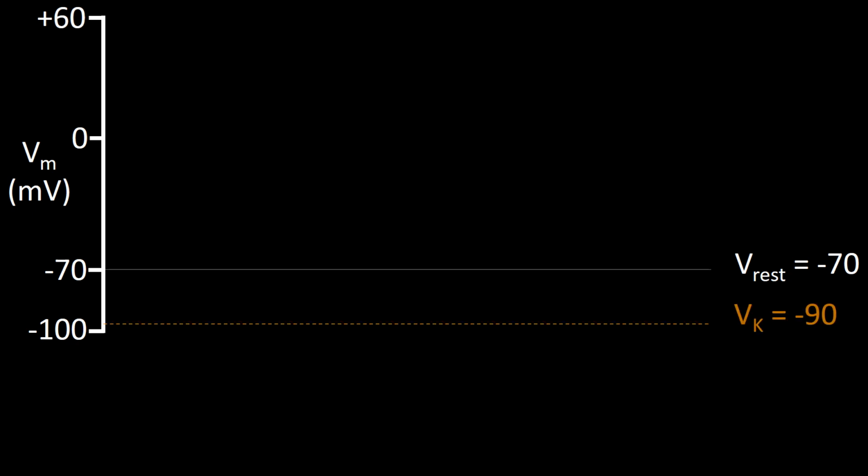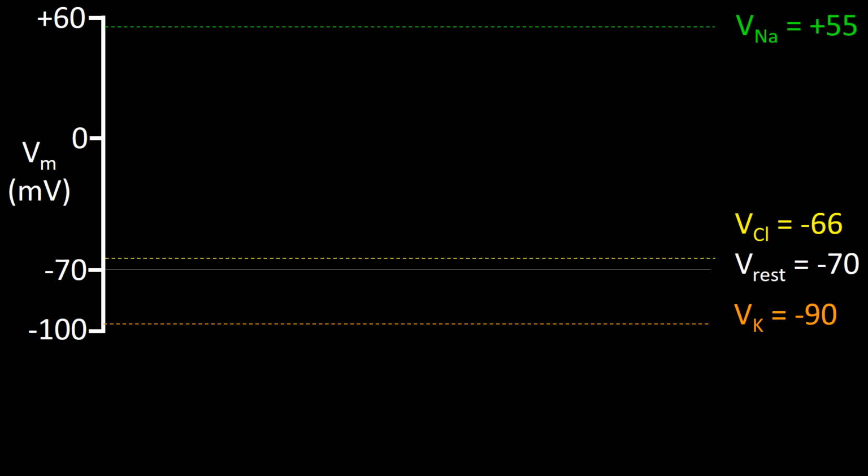In this frame, you can see the membrane voltage in millivolts, the resting membrane potential at negative 70, the Nernst point for potassium at negative 90, the Nernst point of chloride at negative 66, and the Nernst point of sodium at positive 55.